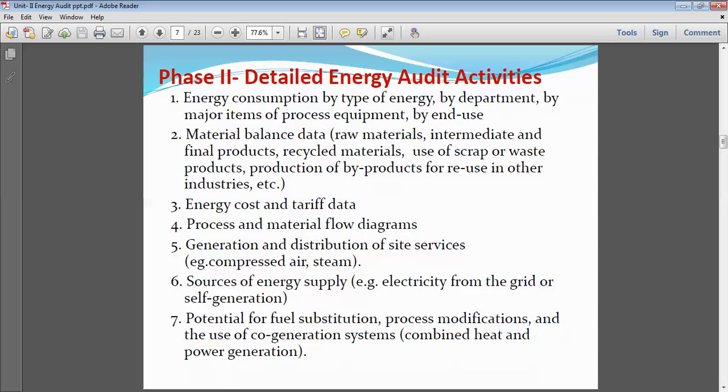No doubt a small turbine is sufficient for lighting purposes or some of the utilities, and whatever steam is available after the turbine can be used in the process. So that type of cogeneration or heat recovery system we can adopt to increase the overall efficiency of the system. Okay, so this is phase 2.